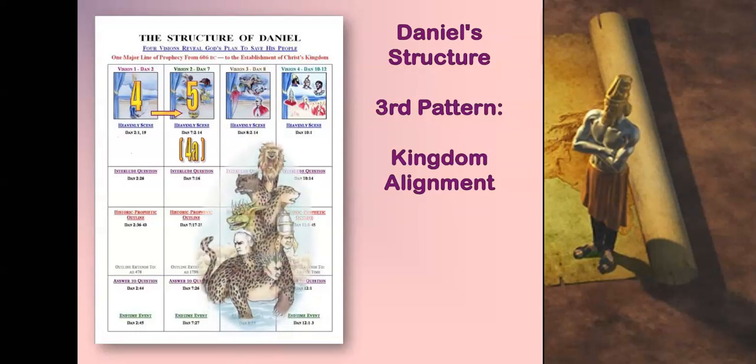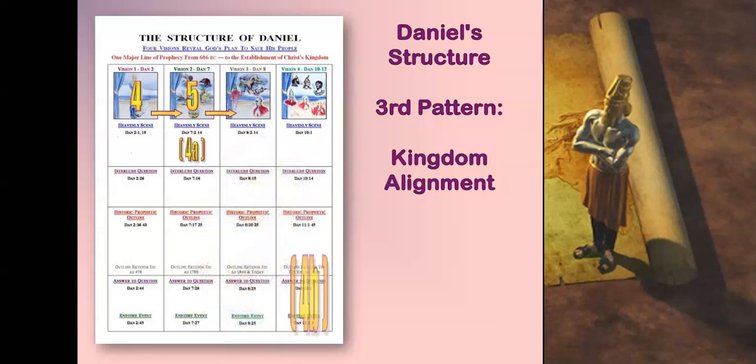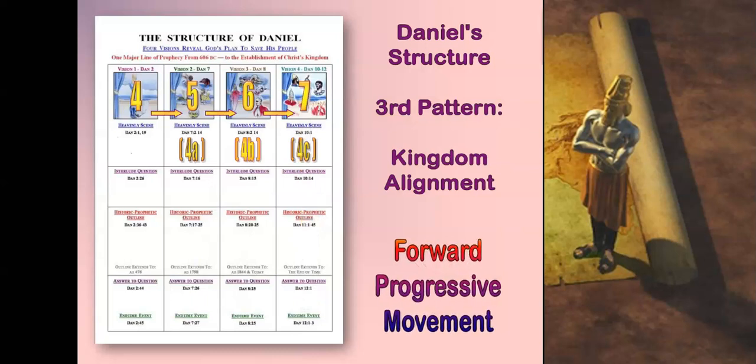And then it will progress further into Vision 3, Daniel 8, which will give us the 6th kingdom. And it continues to progress forward into Daniel 10, which will reveal the 7th kingdom. So we see a forward progressive movement. Right now, we're just looking at the numbers.